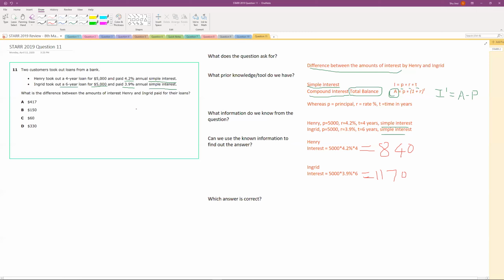Okay. And the question is asking for the difference. See here, in choices A, B, C, D, we don't have any number that's 840 or 1,170, because the question is asking for the difference.